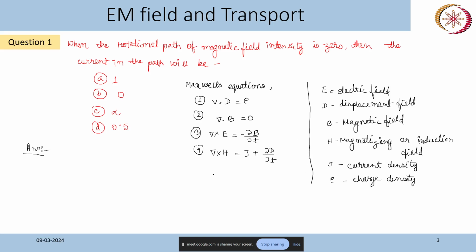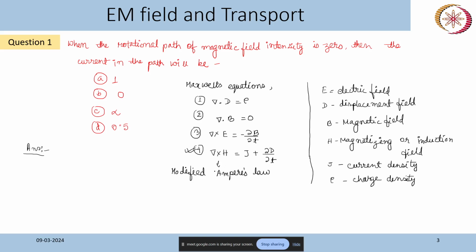Okay, so for this question we will use the fourth equation. This is known as modified Ampere's law. Ampere's law is modified so that it satisfies the continuity equation.